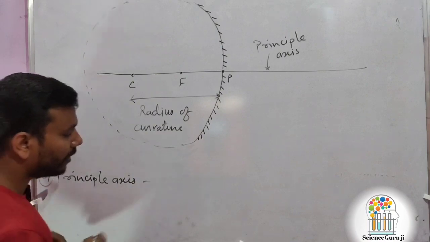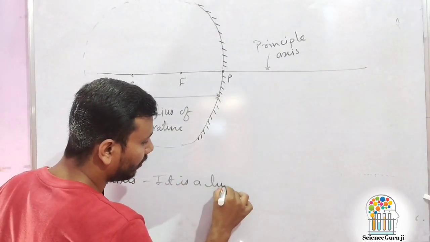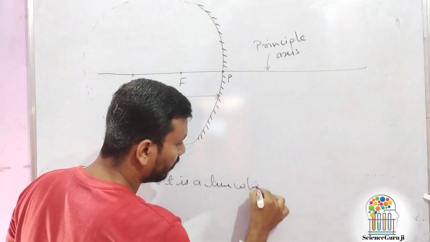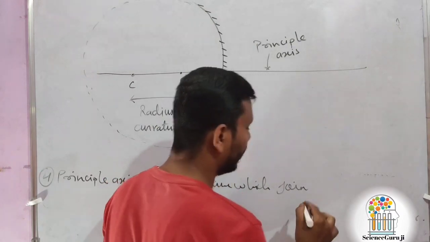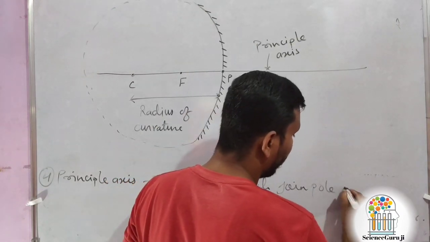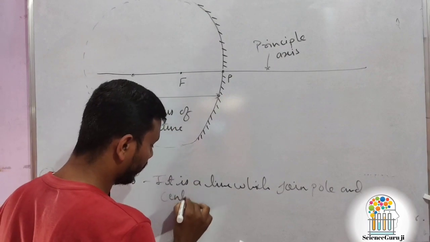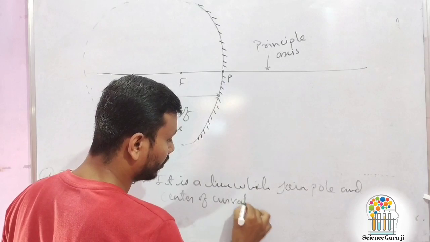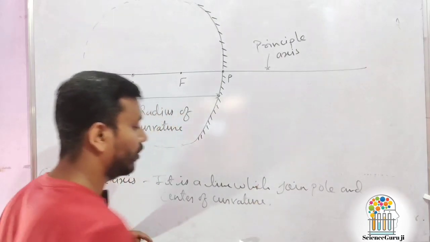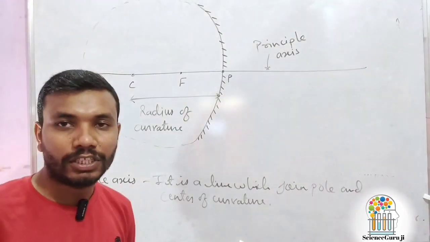What is the principal axis here? It is a line which joins the pole and the center of curvature.